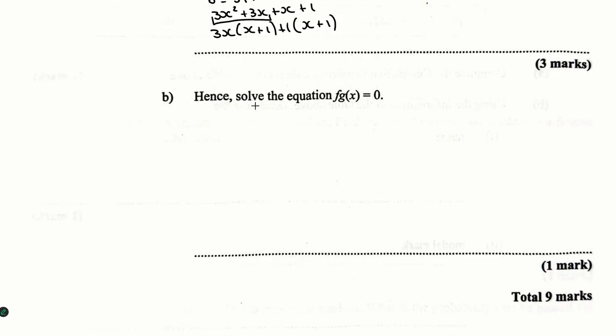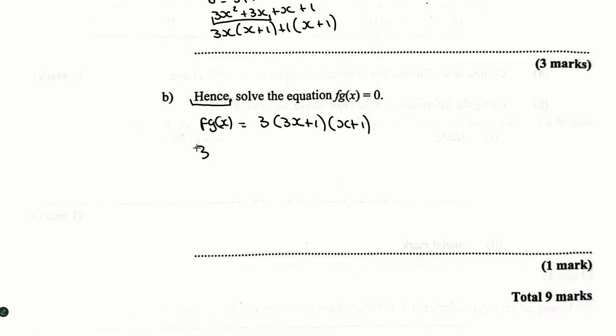Last one, how to solve the equation fg of x is equal to 0. Now, when we see this word hence, it is a clue that I need you to look at what you have used above or what you have solved from before to solve this. So we know that fg of x was equal to 3 by 3x plus 1 by x plus 1.